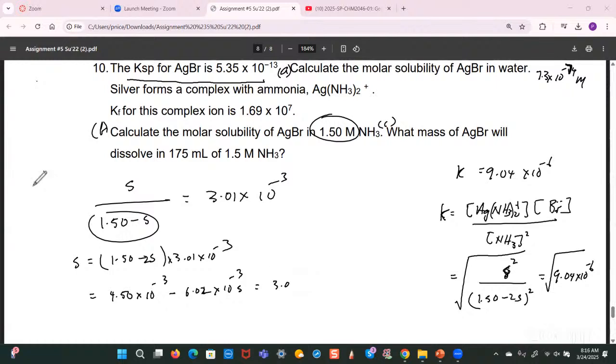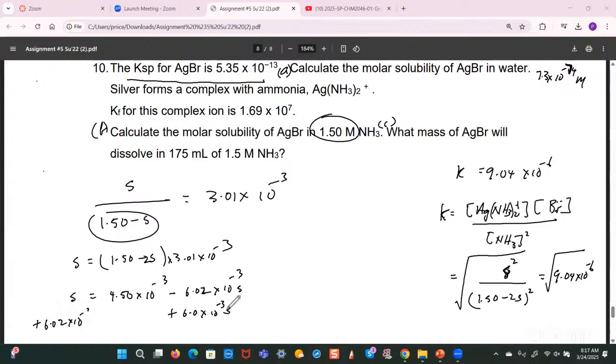Okay, so that's the result of expanding, distribution, or whatever the term is in math. And then what I would do is add 6.02 times 10 to the minus 3 S to both sides, because you want to group like terms on the same side of the equation.